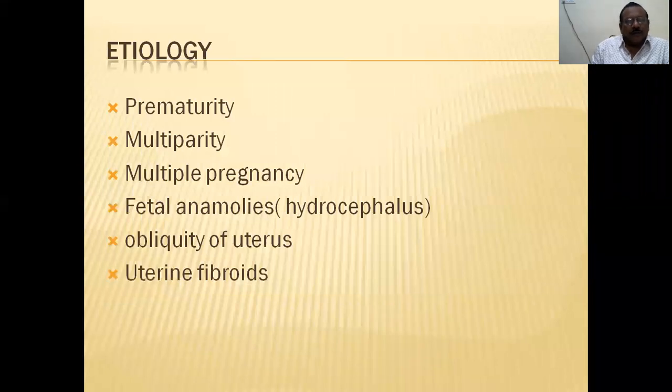The causes of breech presentation are: one is prematurity, second is multiparity and multiple pregnancy, then fetal anomalies like hydrocephalus, where the presentation is mostly breech, because of the big head in hydrocephalus, the head can't get engaged in the pelvis. Then obliquity of the uterus and uterine fibroids, any tumors related to the uterus, will give mostly breech presentation.